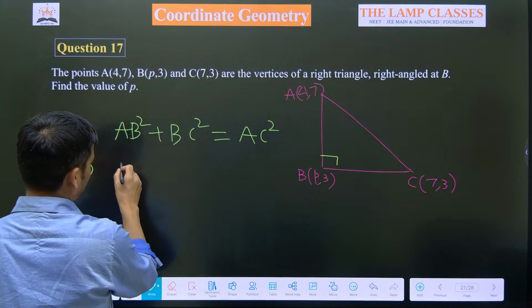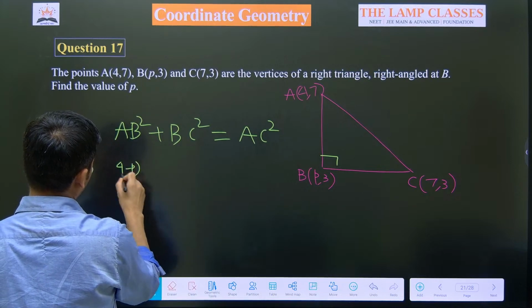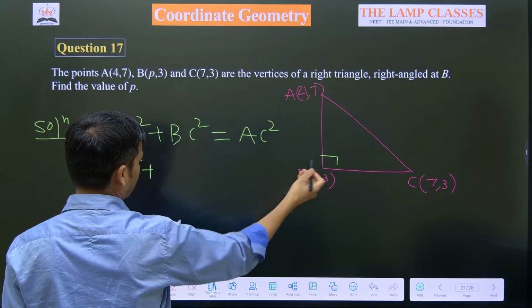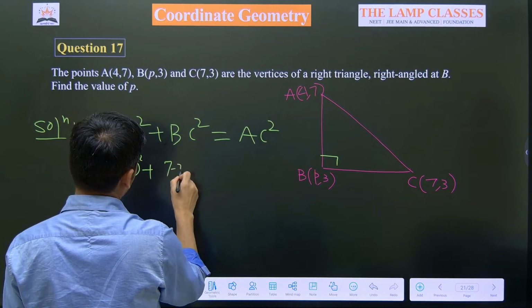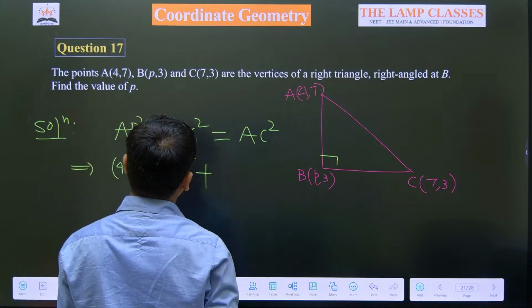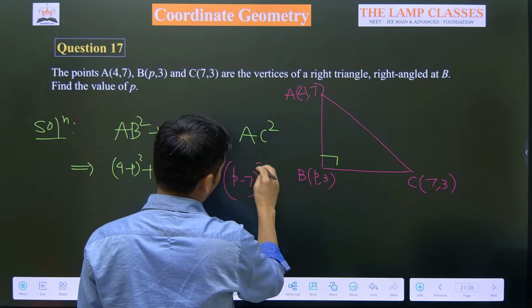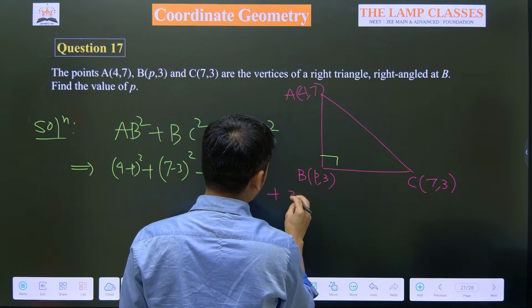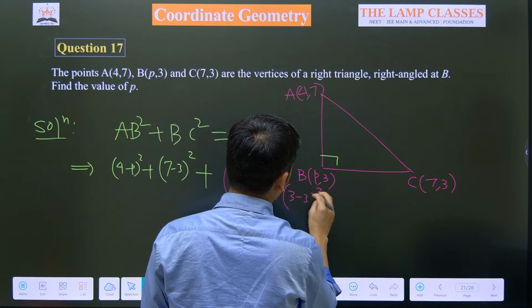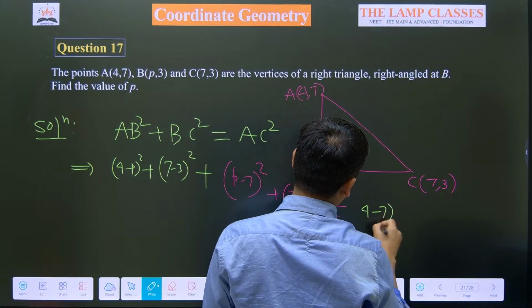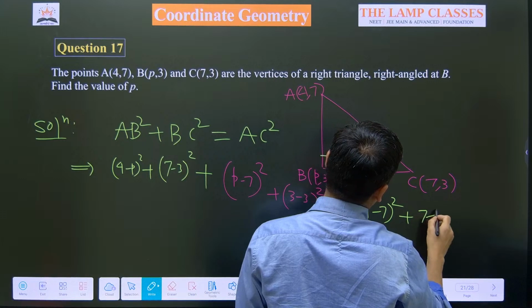So 4 minus P the whole square plus 7 minus 3 the whole square, plus BC square, P minus 7 the whole square plus 3 minus 3 the whole square, is equal to AC square. So 4 minus 7 the whole square plus 7 minus 3 the whole square.